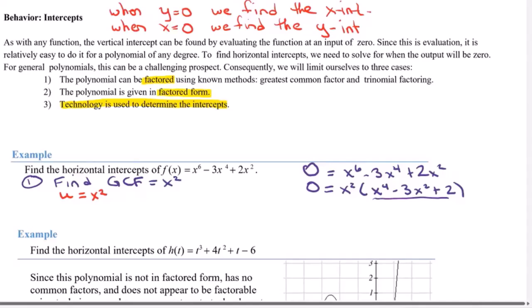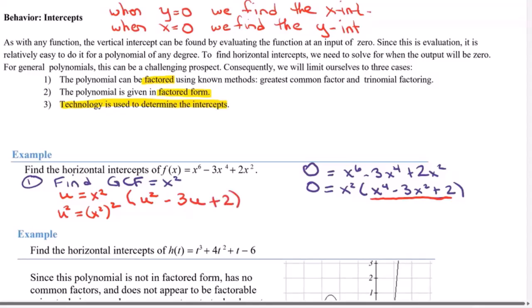You'll see why in a minute. I'm only going to look at this right here because x squared is already factored. And I can say that this is u squared, because u squared is equal to x squared squared, which is x to the fourth, minus 3u plus 2.